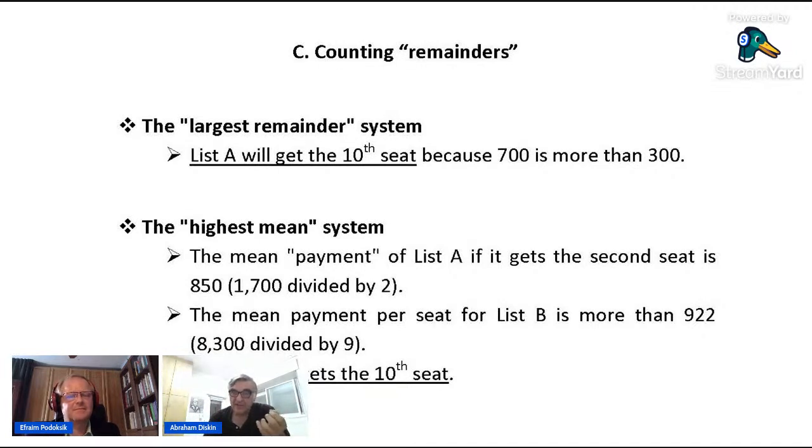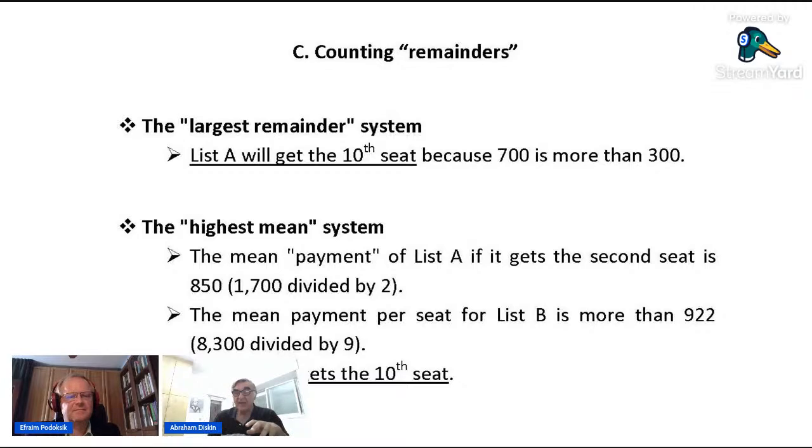We take the 1,700 votes that party had, and we say if we give the 2nd seat to that party, the mean payment of that party is going to be 1,700 divided by 2, which is 850.